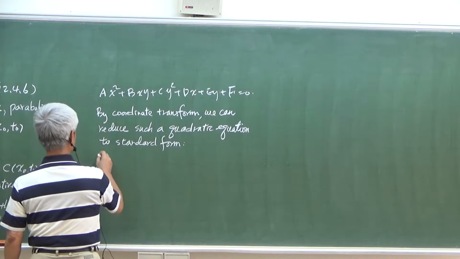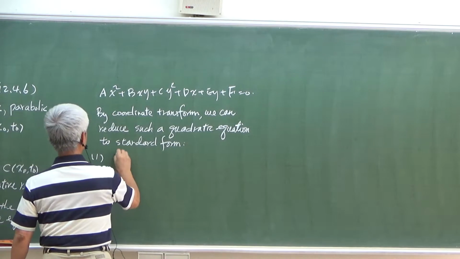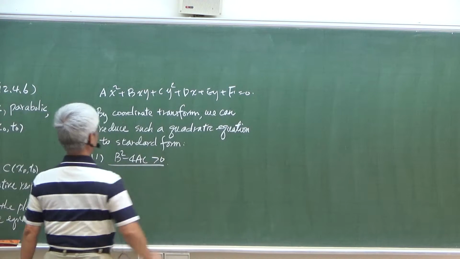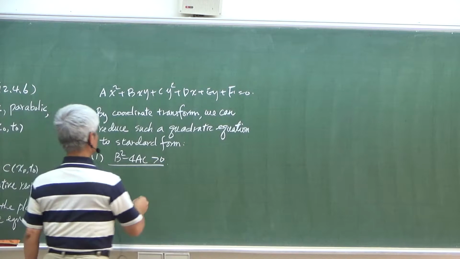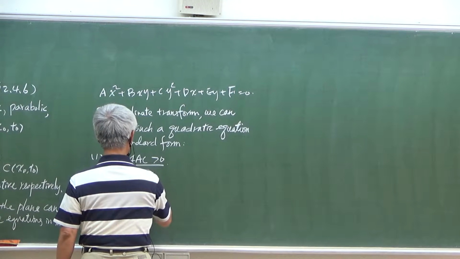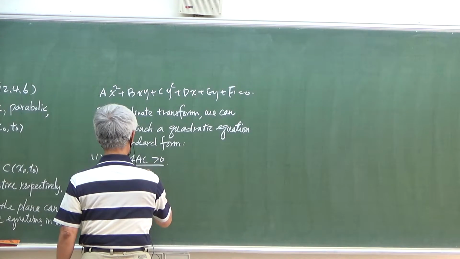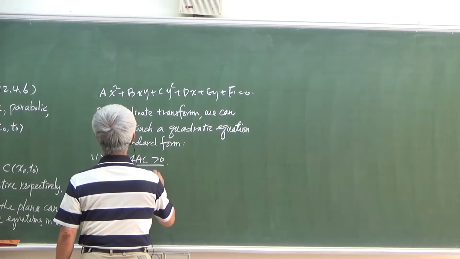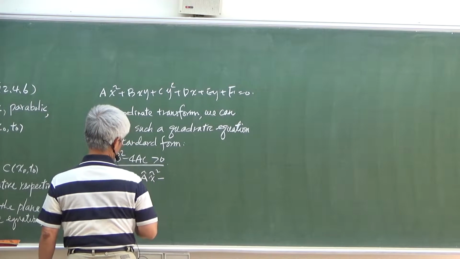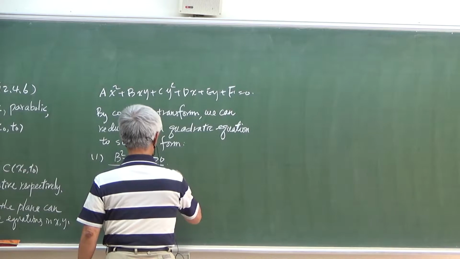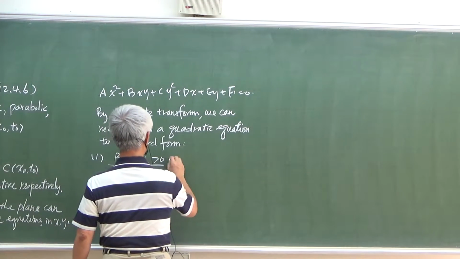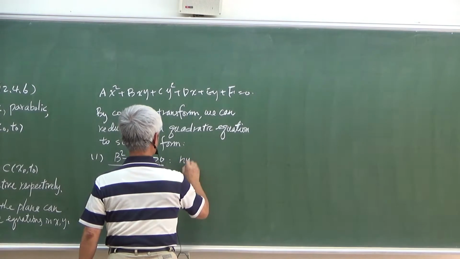So first, if b squared minus 4ac is greater than 0, then this comes to something like a x squared minus, so this comes to hyperbola.